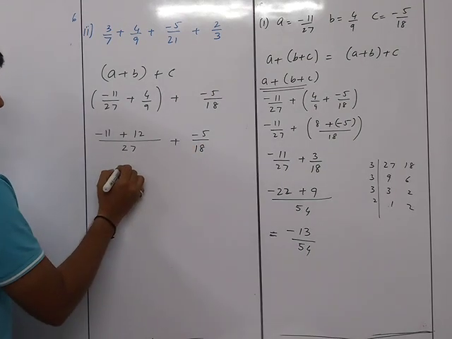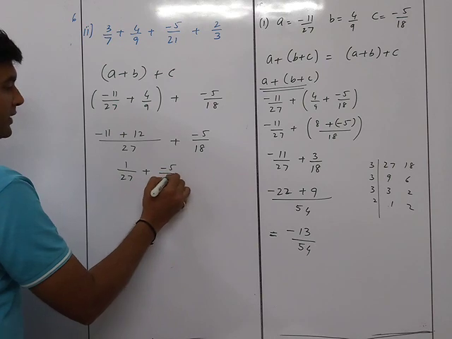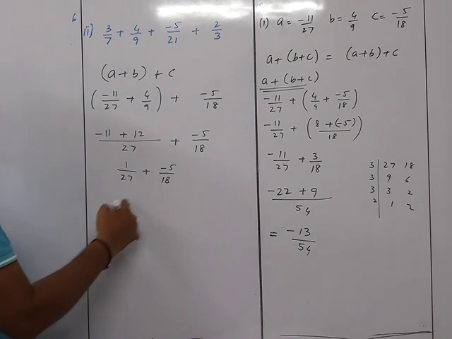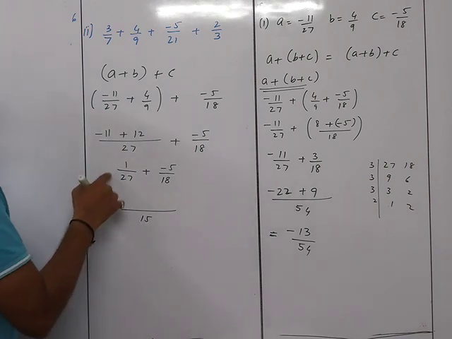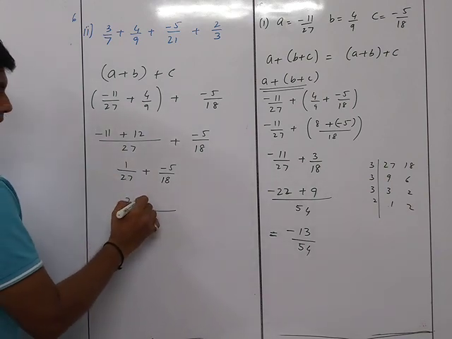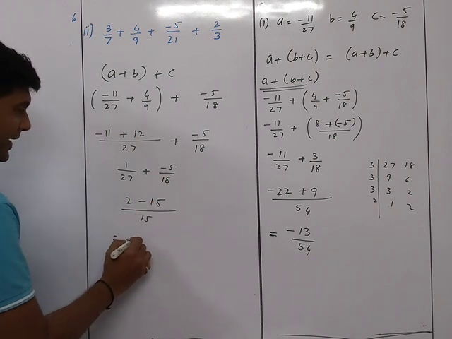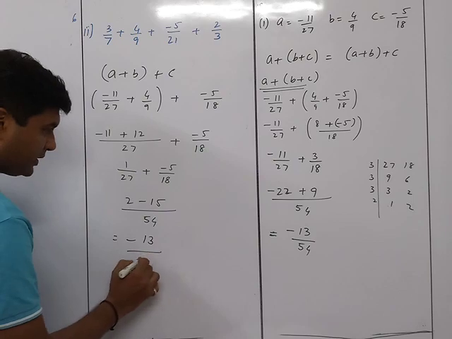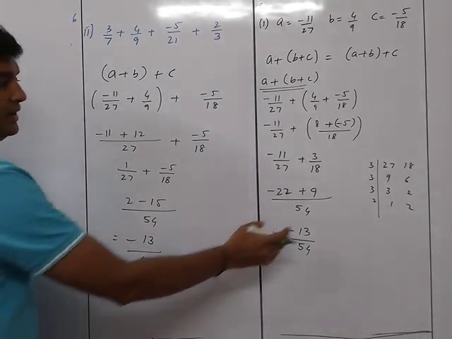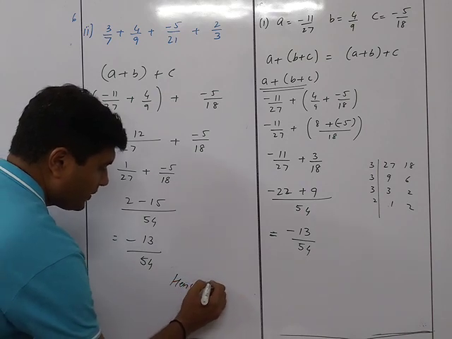So this will be 1 upon 27 plus minus 5 upon 18. Again the same thing, the LCM will be 54. This is multiplied by 2 and this is multiplied by 3, so minus 15 upon 54. You can see that both are the same. So we'll say hence verified.